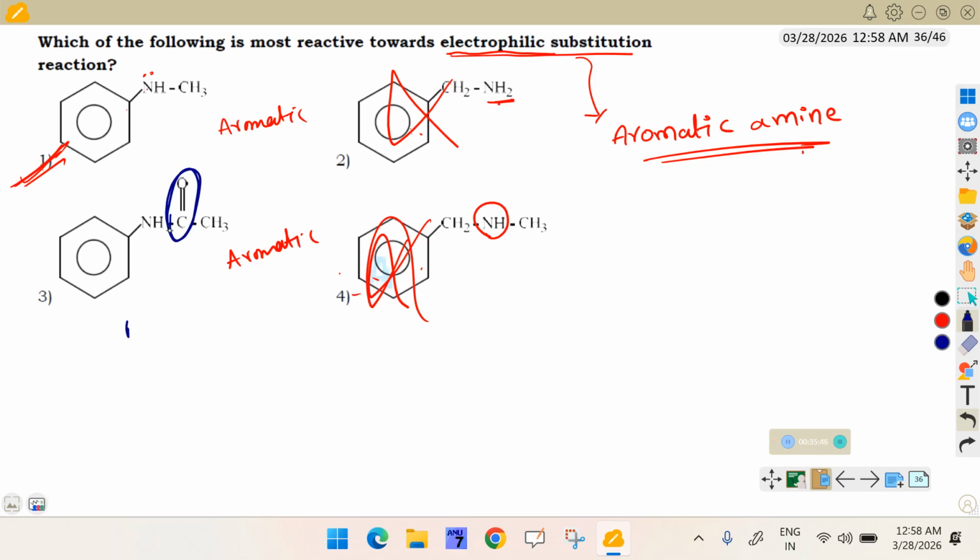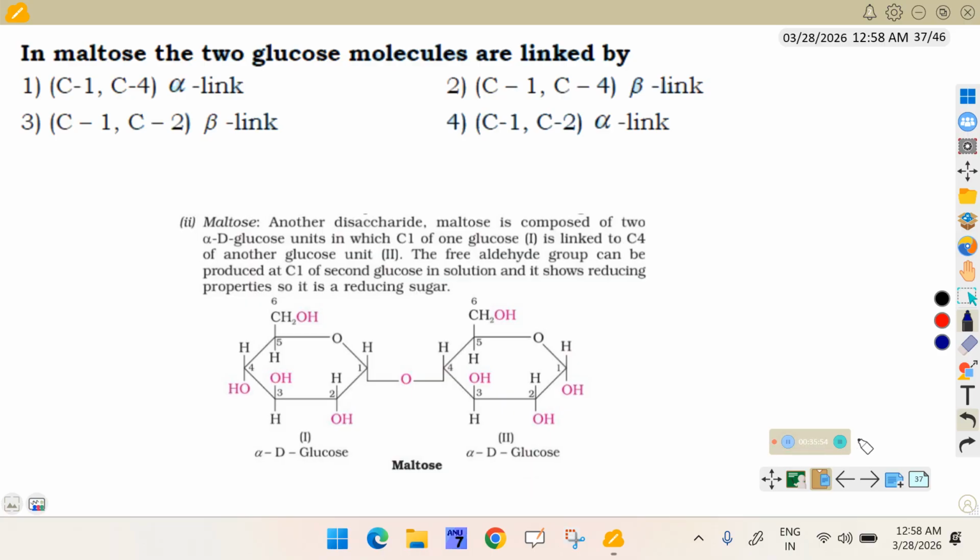That's the reason it is less reactive towards electrophilic substitution compared with the first one. In maltose, the two glucose molecules are linked by C1, C4, both are alpha units. First option is correct option.